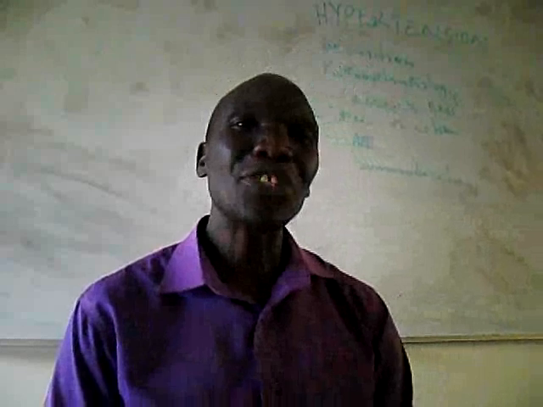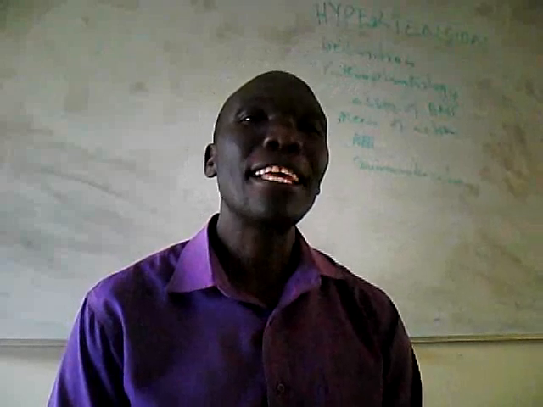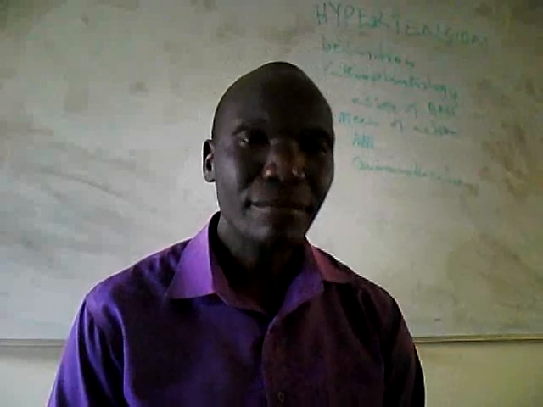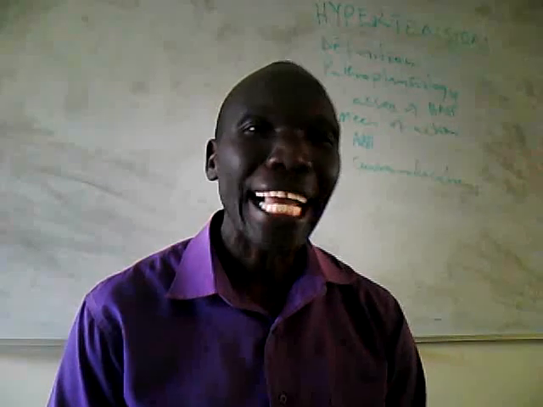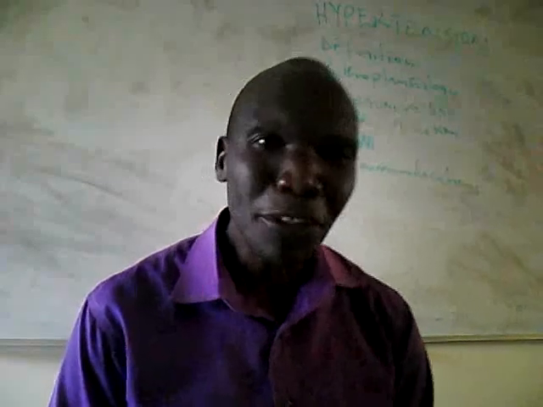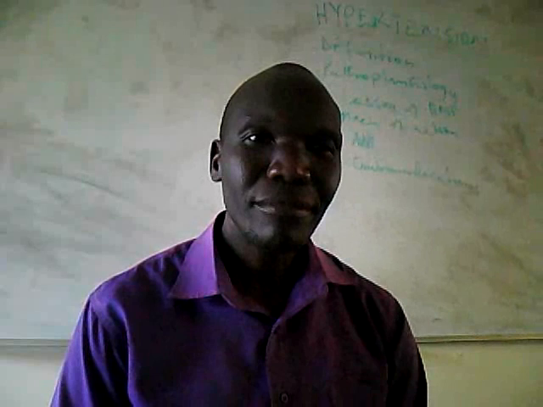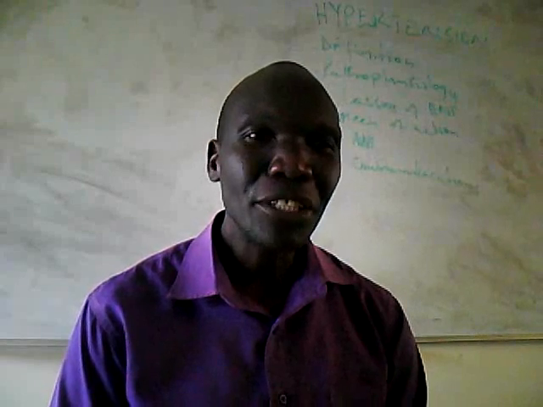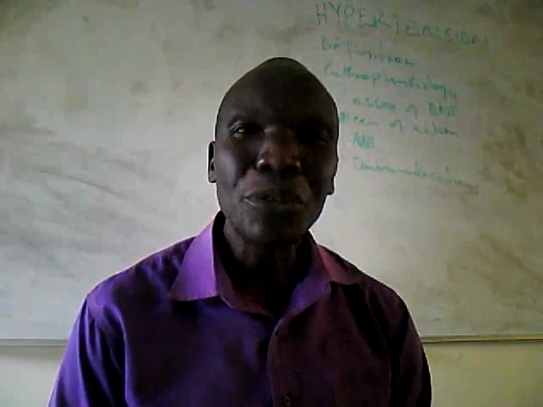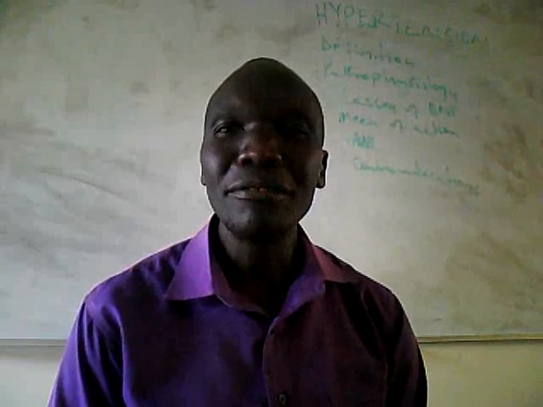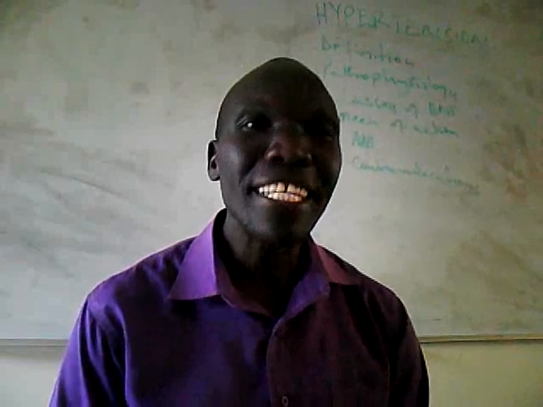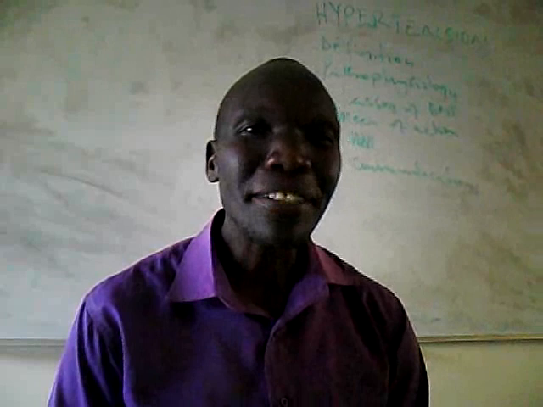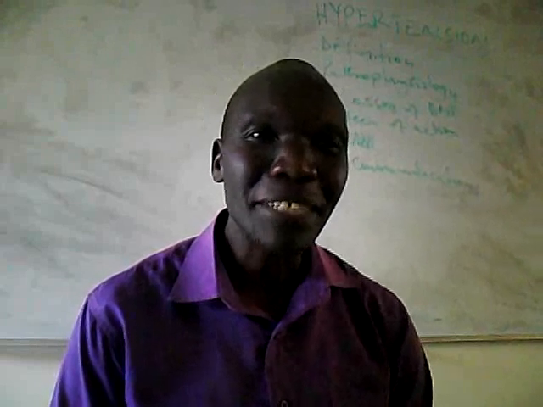And remember, the principle of managing hypertension is that one, we should target to reduce the blood volume, which can form one of the objectives. Two, we should target to reduce peripheral resistance, which comes by causing vasodilation in various ways.